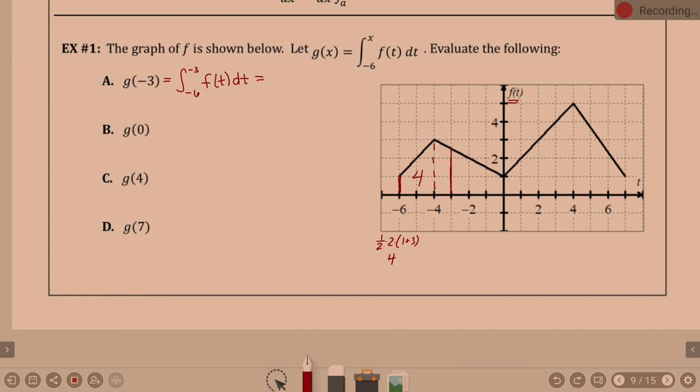We also need this other little piece, right? Could you do another trapezoid there? Yep. 1/2 times 1. This time it's a height of 1. What are my bases? 2.5 and 3. And we do know that's 2.5.